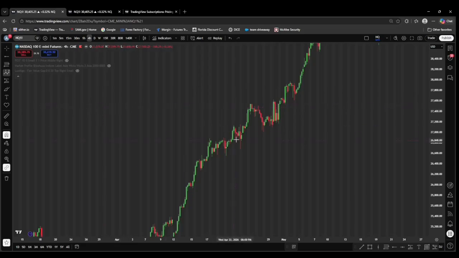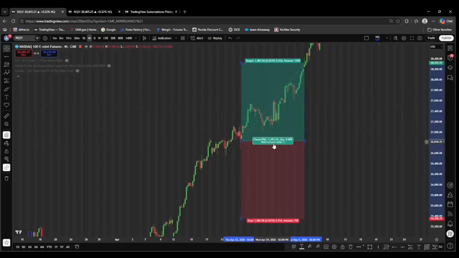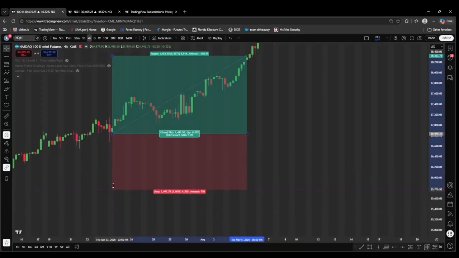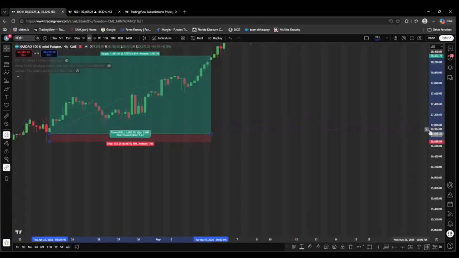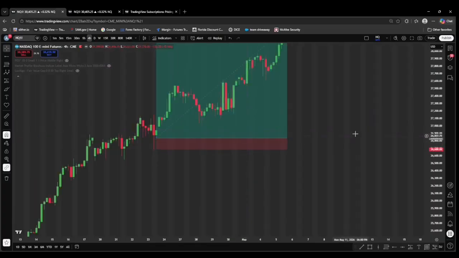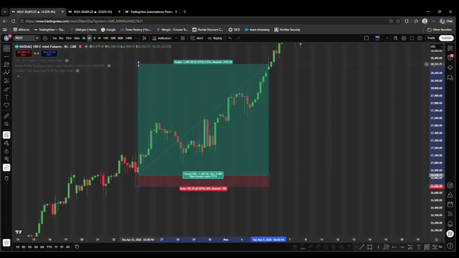Oh, long position. This is when you're about to enter a trade. It gives you information. It helps you set your TP, where you expect your TP to be, so you could have an idea of how much money you're going to make.